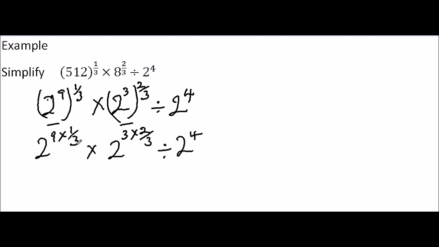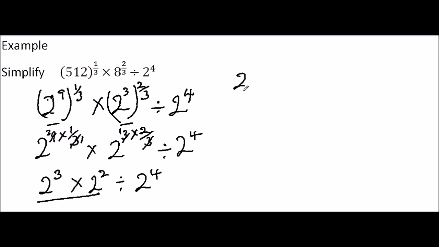So we now have a common base. 9 divided by 3 is 3. 3 divided by 3 is 1. So we now have 2 to the power 3, multiplied by 2 to the power 2, which is 2 squared, divided by 2 to the power 4. Now we can apply the first law of indices here.